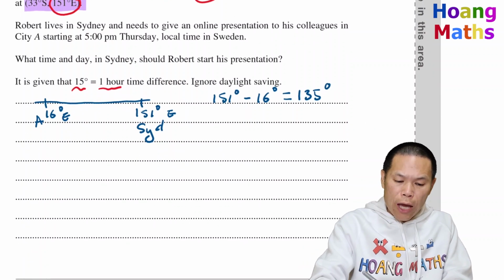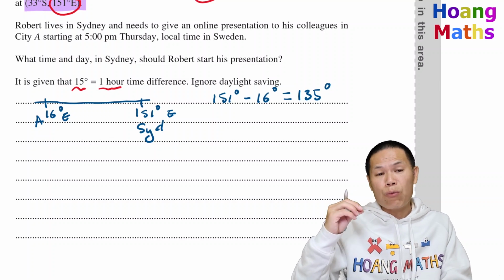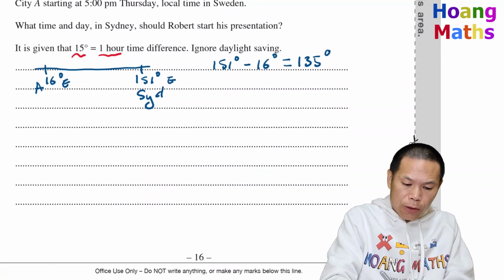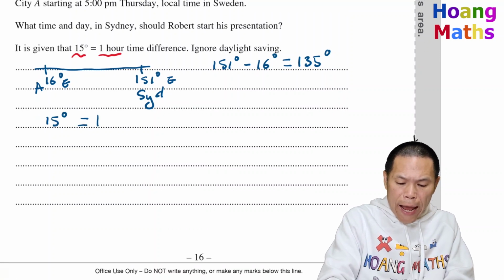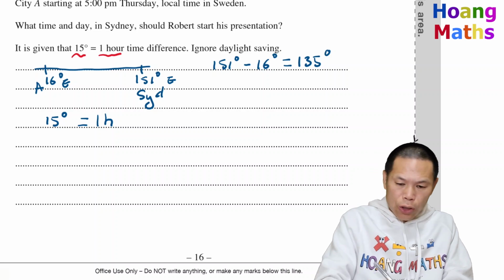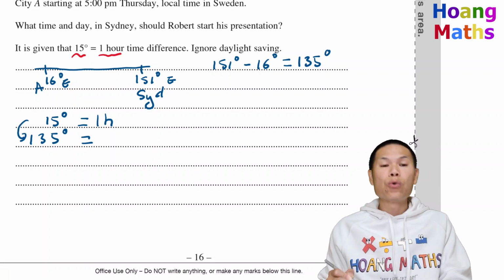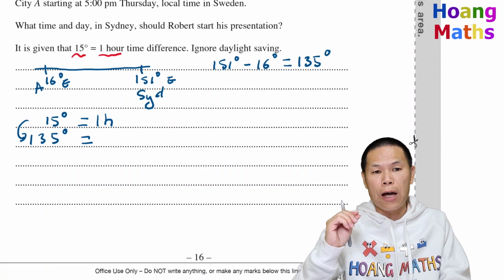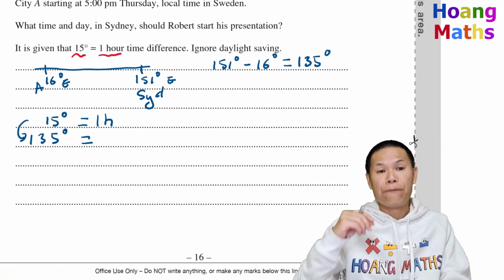But then we know that every 15 degrees, the time difference will be 1 hour. So let me write this down first. 15 degrees is equal to 1 hour difference. Now we have 135 degrees. From 15 to 135, we need to work out how many times, so 135 divided by 15.